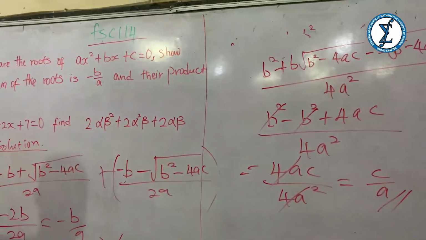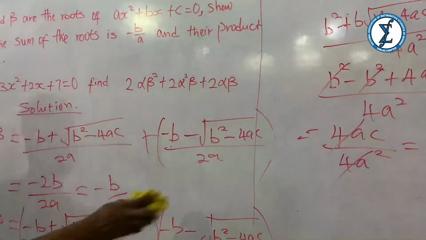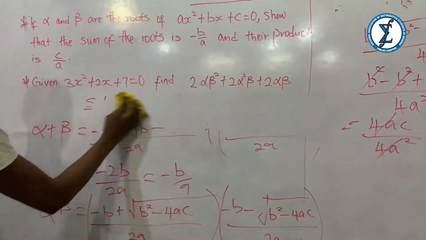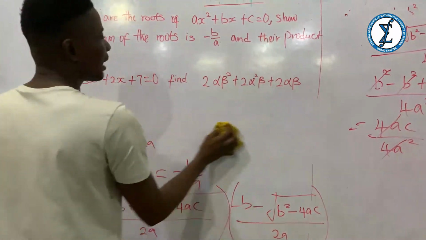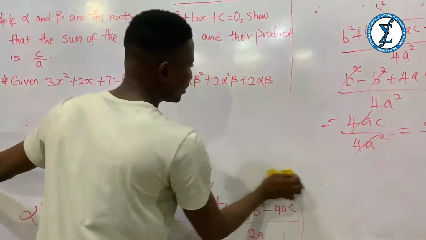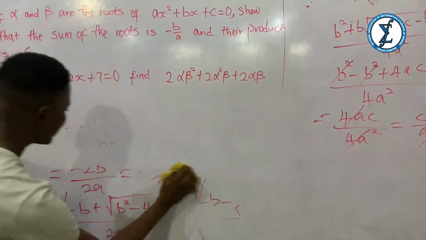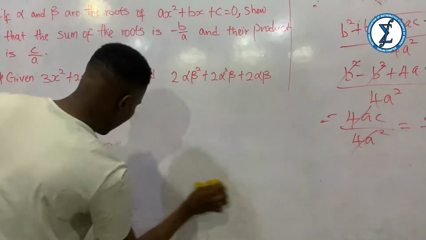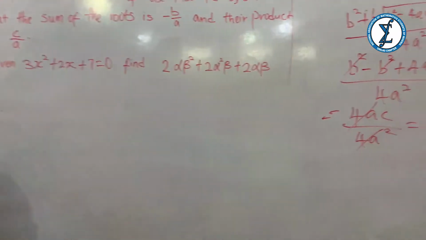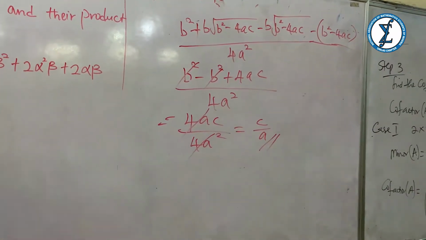So let's move to the next question, which says, given 3x squared plus 2x plus 7 equal to 0, find 2 alpha beta squared plus 2 alpha squared beta plus 2 alpha beta. Quickly, we've been able to get what alpha plus beta is, which is minus b over a.